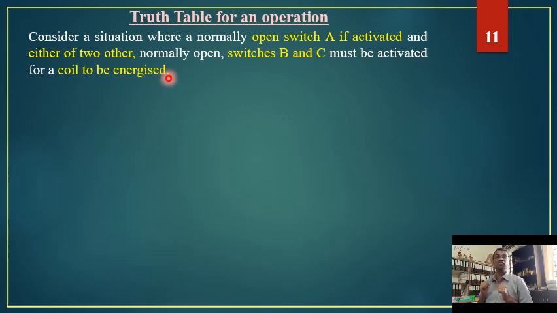So in the truth table there must be three inputs A, B and C. Then there must be one output, that is energizing the coil or not energizing the coil. And this particular truth table must have all the conditions on A, B, C and tell us something about energization of the coil. So that is what is needed.